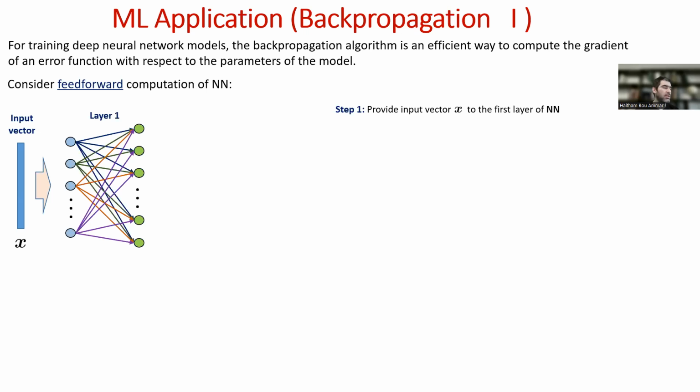We have input X, and we now consider the first layer of the neural network associated with the weights formed by matrix W1.